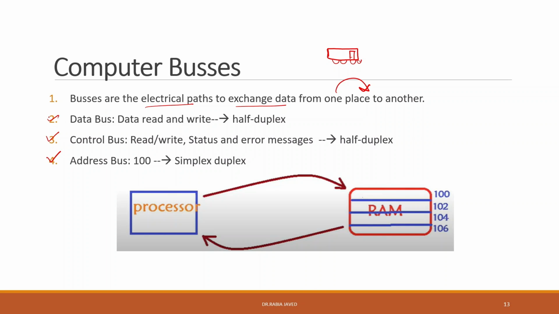These terms are very self-explanatory. Data bus takes our data, control bus gives control directions, and address bus takes our addresses. Data bus can read and write, control bus can read and write and also send status and error messages, and address bus is simplex, which sends our addresses.